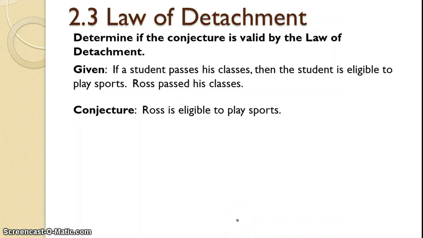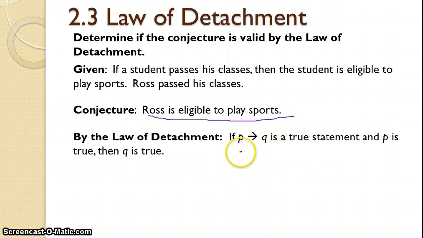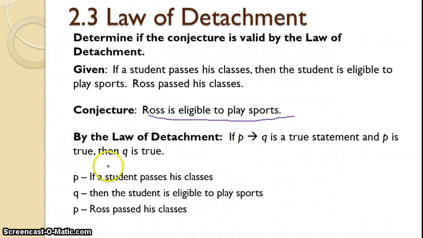Let's take a look at our next one. Let's determine if the conjecture is valid by the law of detachment. If a student passes his classes, then the student is eligible to play sports. Ross passed his classes. Here's the conjecture: Ross is eligible to play sports. By the law of detachment, we're going to apply that. So our P, if a student passes his classes, then the student is eligible to play sports.